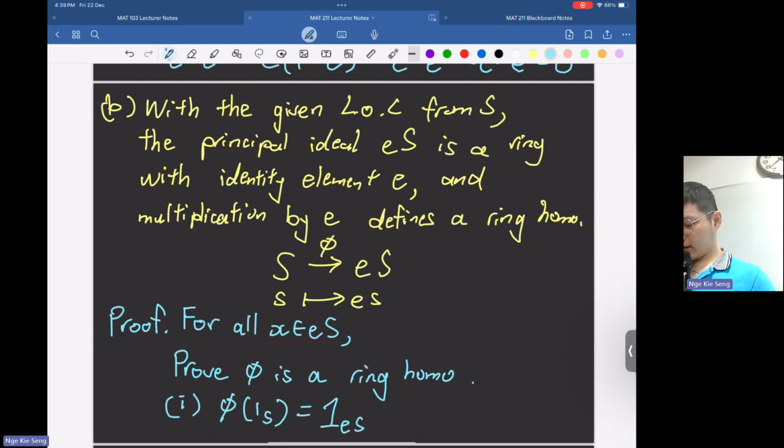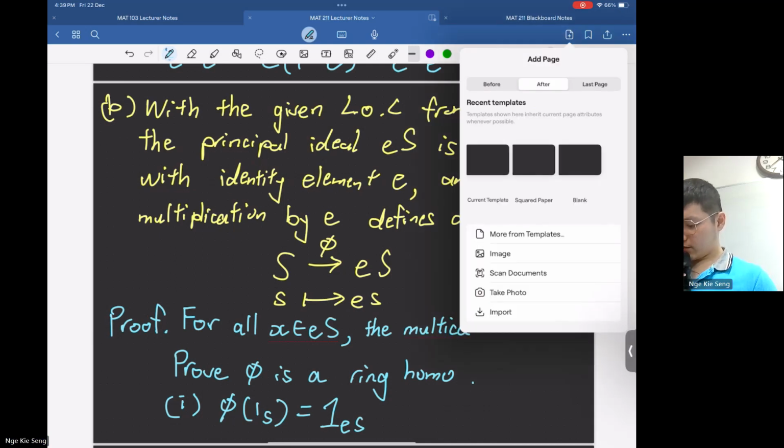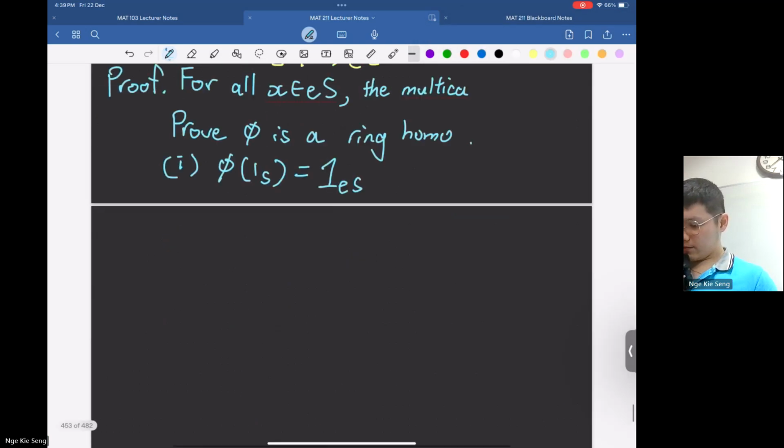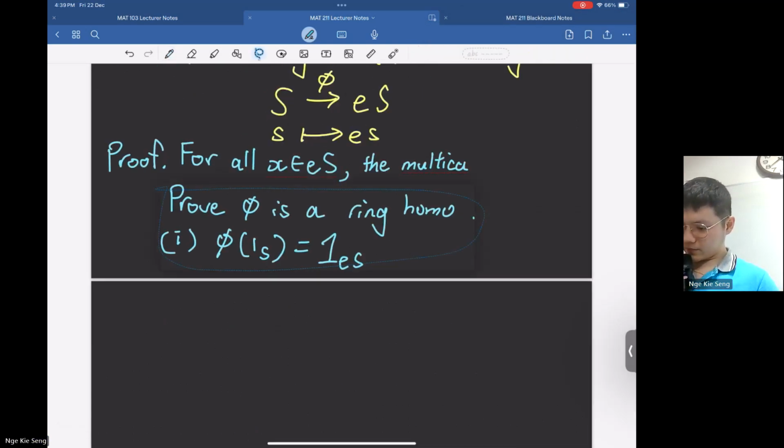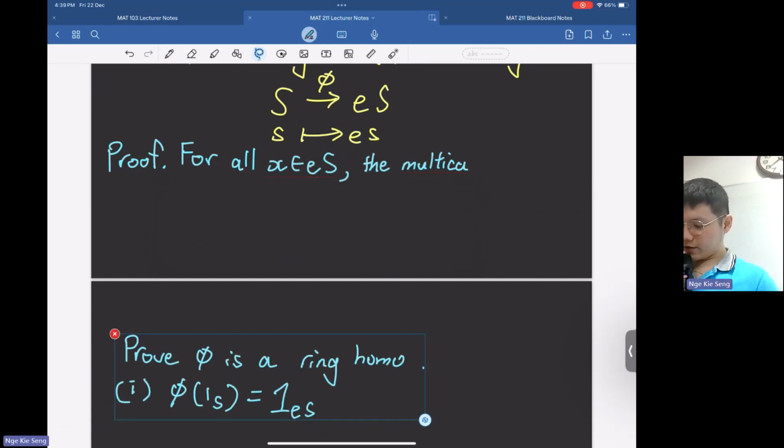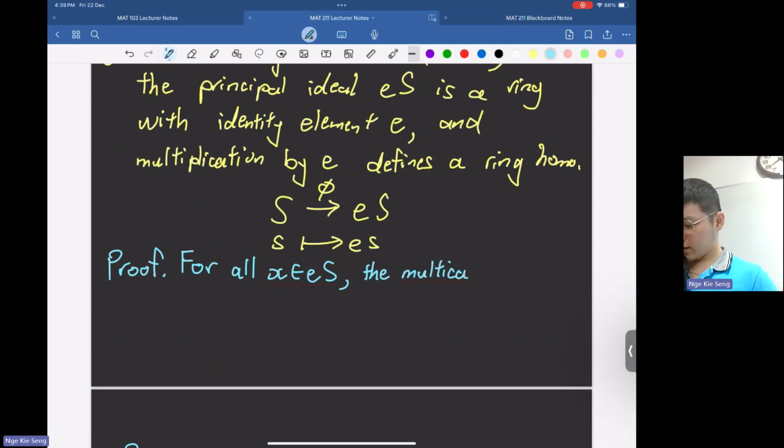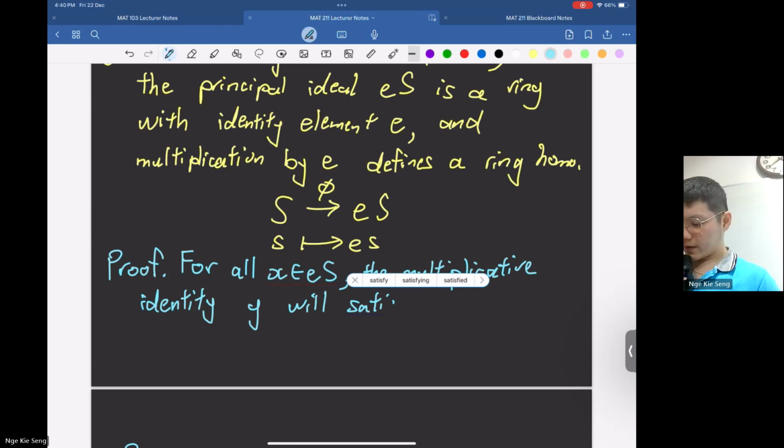Let's see, the multiplicative identity y will satisfy yx equals y ex.